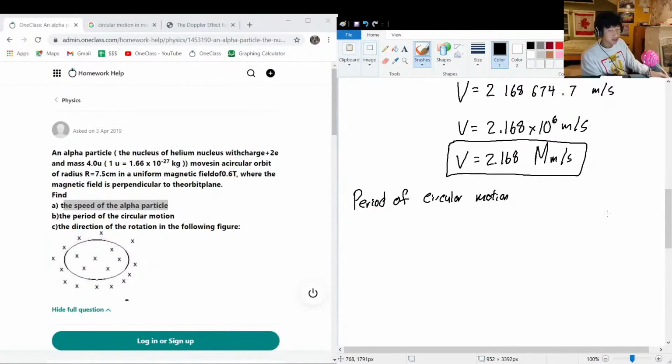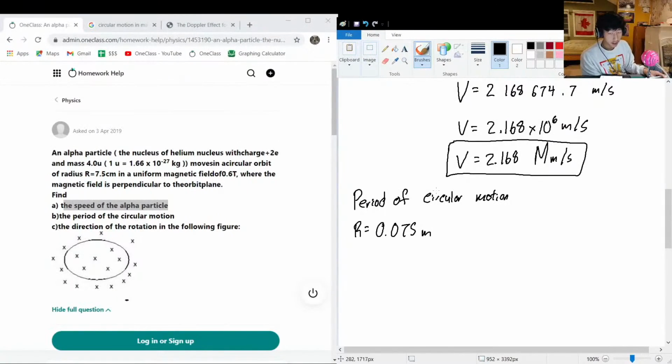Okay, so we have the velocity value, and we know that the velocity is always going to be constant as it travels in this circular path around the loop. We also know that the radius is equal to 0.075 meters. 7.5 centimeters was the radius of this circle.